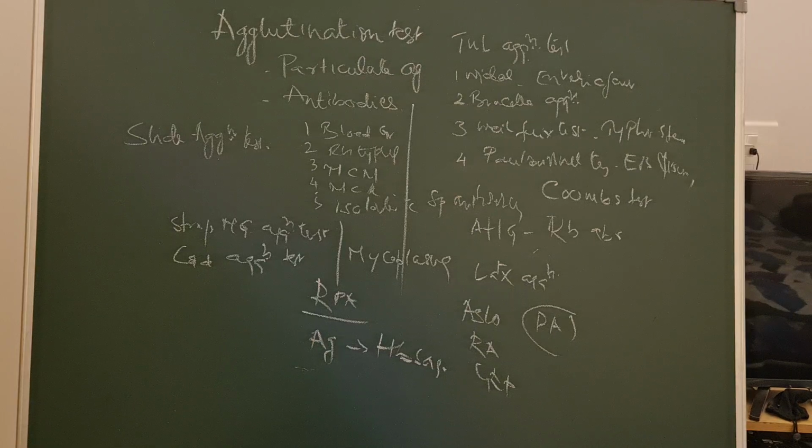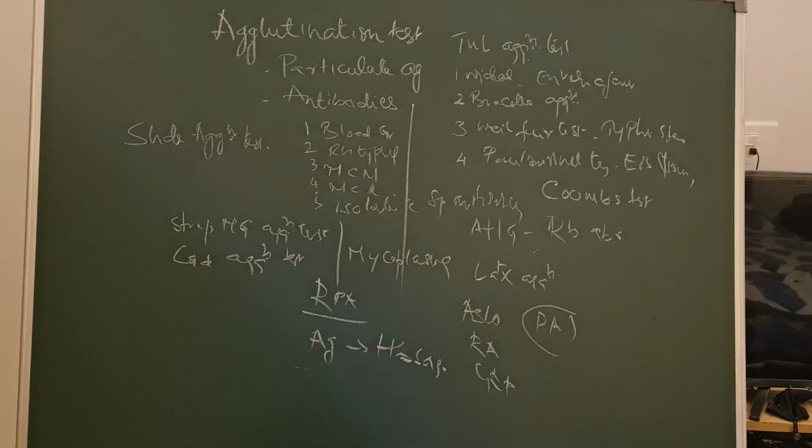Now, precipitation test is converted into agglutination by tagging insoluble antigen onto the latex particle. Examples are ASLO, rheumatoid arthritis factor, C-reactive protein. Now, instead of detecting antibody, if you detect antigen, it is called a reverse passive agglutination test.